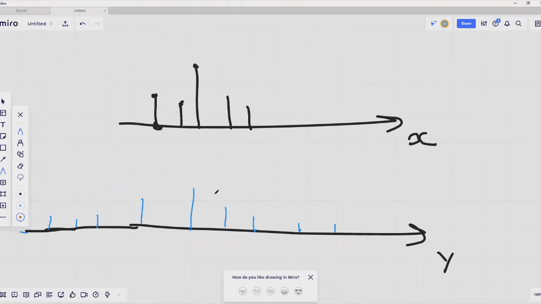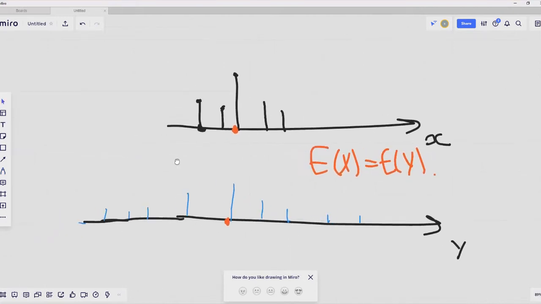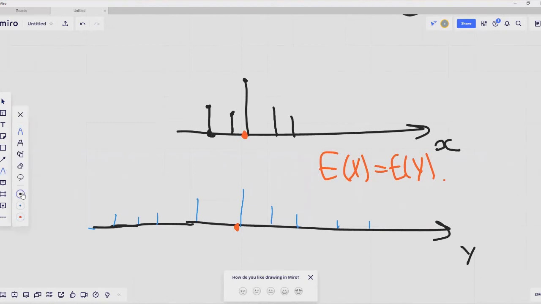Now, let's assume that those two random variables have the same mean, the same expected value. Let's say it's defined somewhere over here. So expected value of x is equal to expected value of y. However, we can see that the PMF of the second random variable y is more spread out.